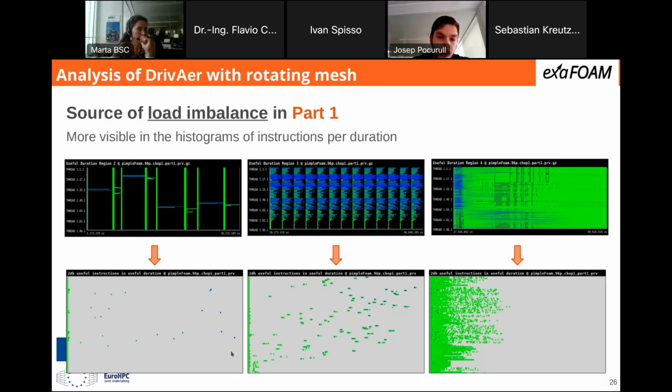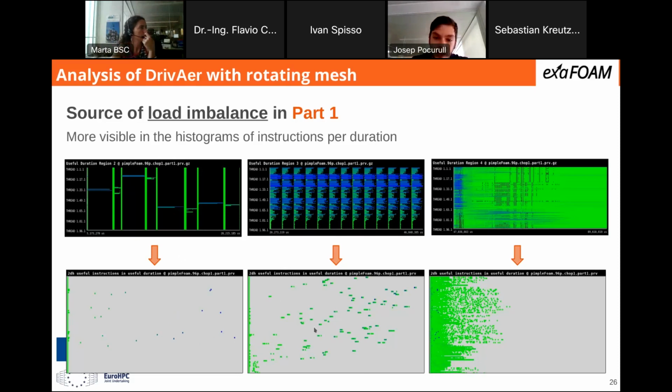So how do we correlate the load imbalance with the instruction imbalance? In the second region, the first view that we have seen, as the dots are further to the right they are bluer, and as they are to the left they are greener. So here we can correlate the load imbalance with the instruction imbalance.